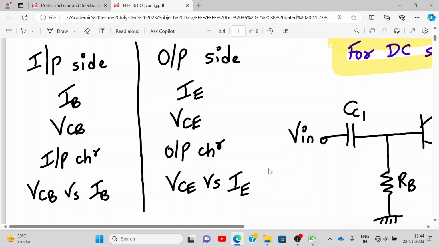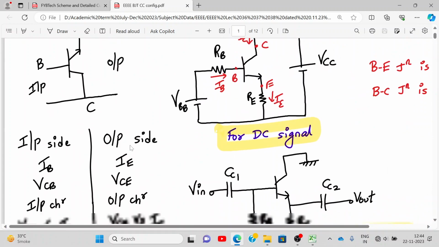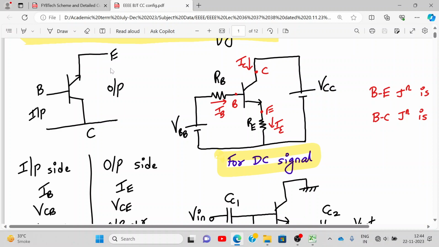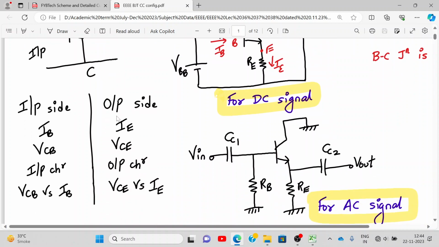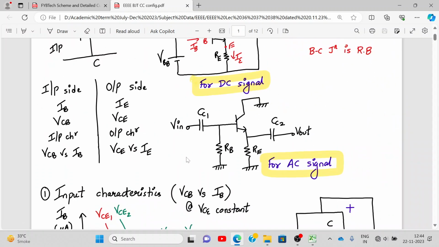Listen, what are the input and output sides in common collector? Input side we have IB, VCB. Output side we have IE and VCE. See here. Input side we have base current and VCB voltage. Output side we have emitter current and VCE voltage. So input characteristics is between VCB versus IB, and output characteristics is between VCE versus IE.